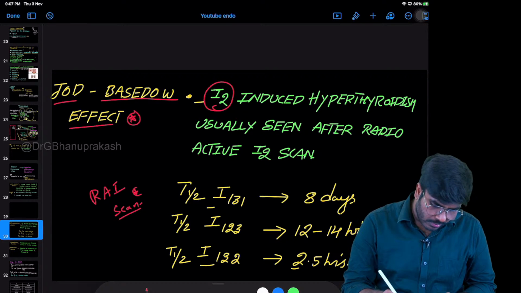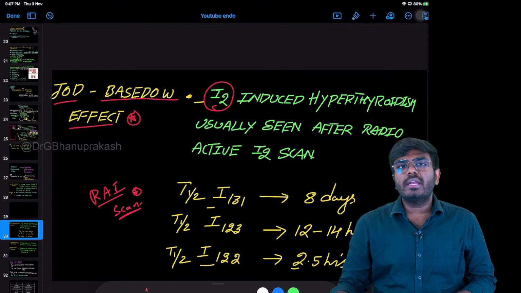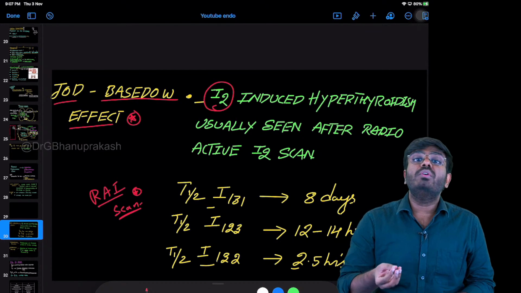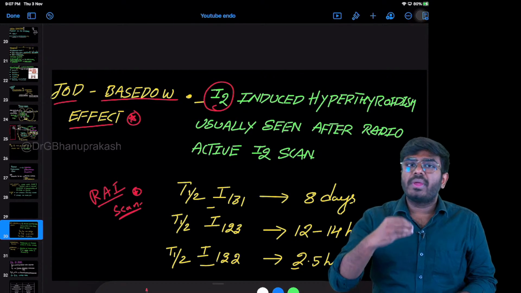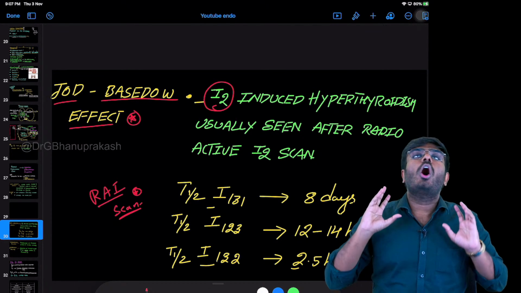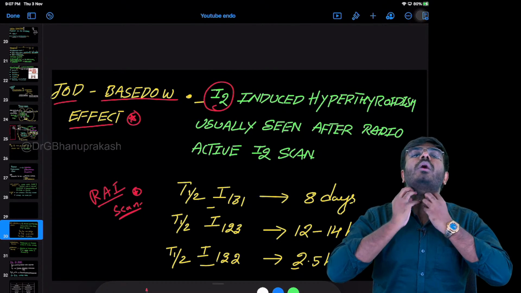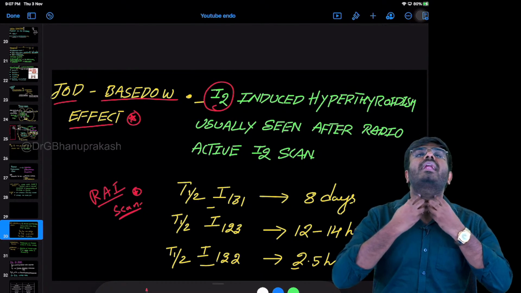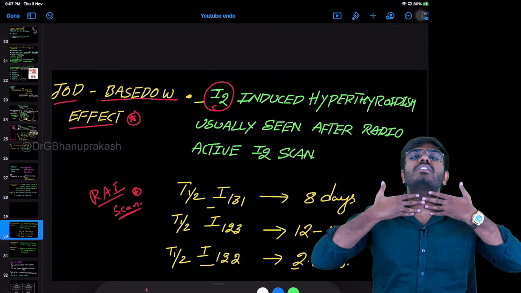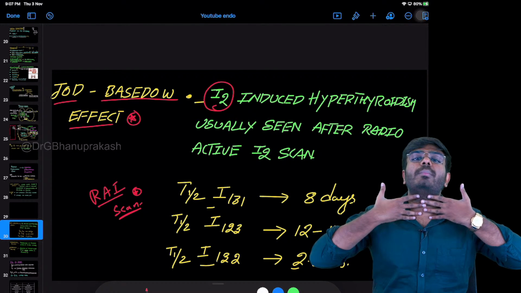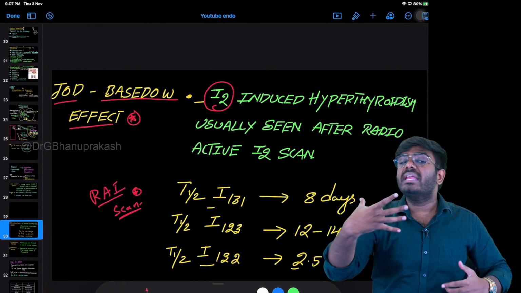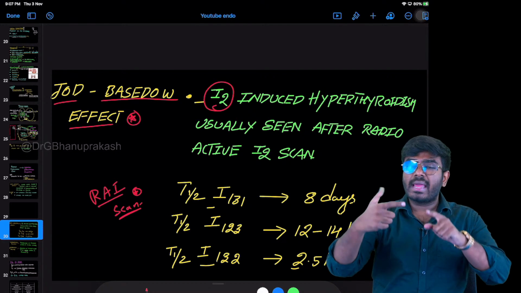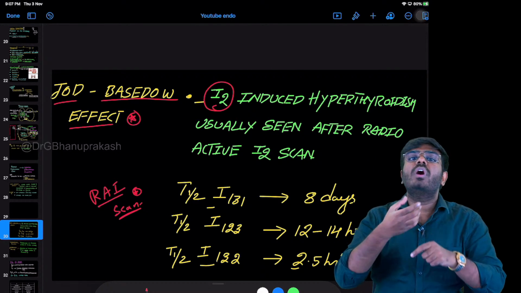During the radioactive iodine scan, you will give radioactive iodine to this patient. All the radioactive iodine is going to come into the thyroid gland, and from the thyroid gland, this radioactive iodine will start to emit the beta rays. Now, you can capture these beta rays and have the entire view of the thyroid gland.